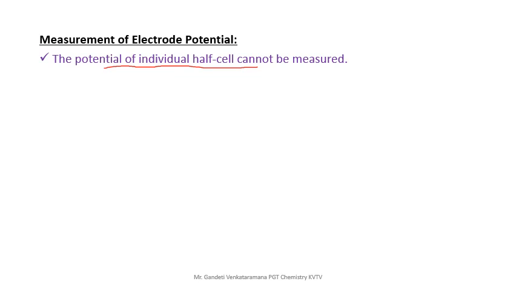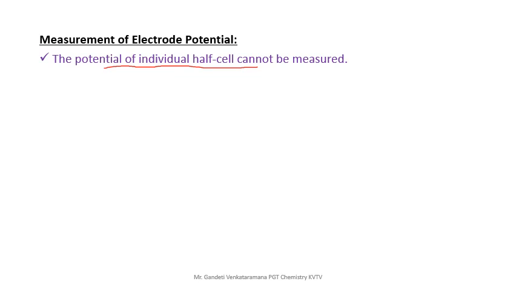It cannot be measured because we can measure the electrode potential of the entire cell only. If you want to calculate the electrode potential of any particular half cell, that cannot be measured. Then how will you measure? Now we will learn.